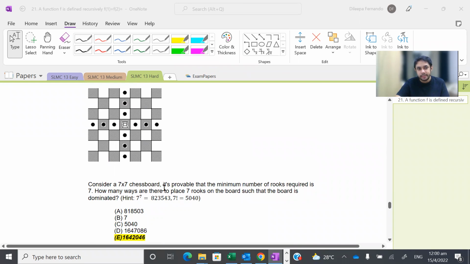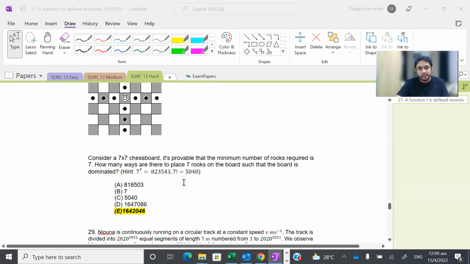There is a 7 by 7 chessboard. The minimum number of rooks is 7. And how many ways are there to place 7 rooks on the board so that the board is dominated? So a hint is given. Now let's see how we can handle this.